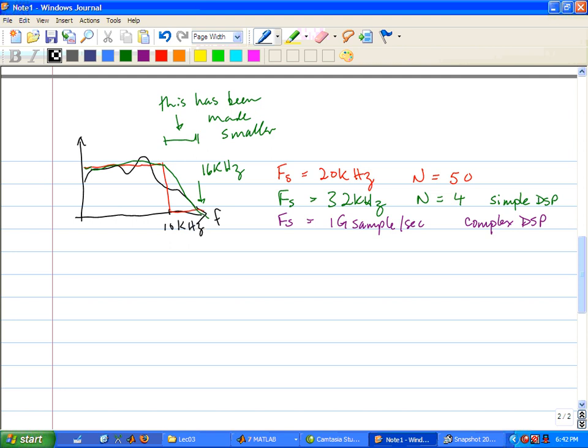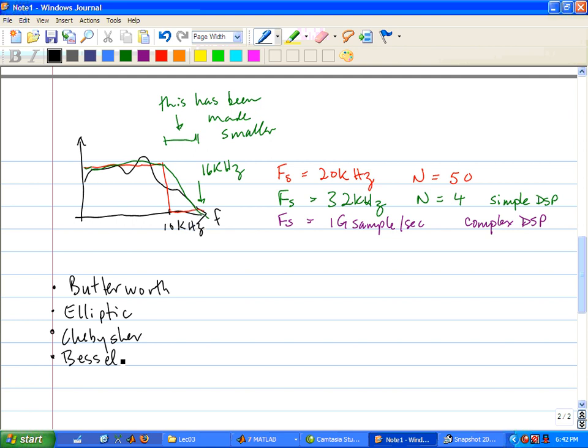There are actually more than 4, but the 4 main flavors of analog anti-aliasing filters are Butterworth, elliptic, Chebyshev, and what did I say, Bessel.